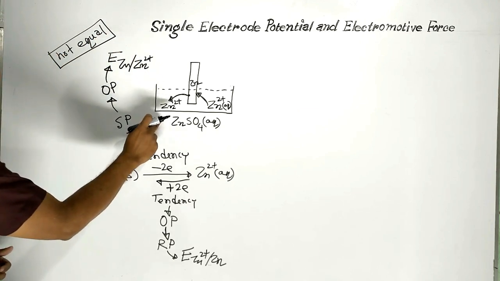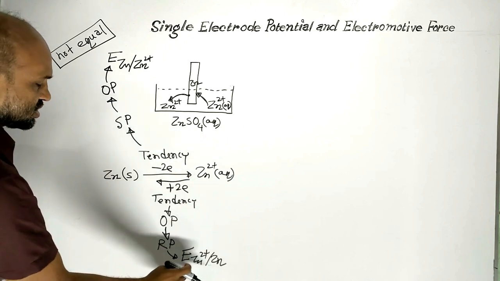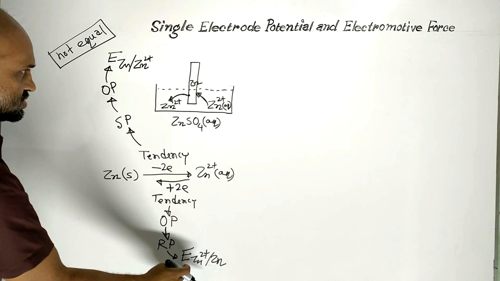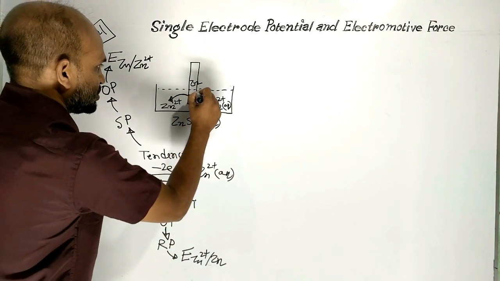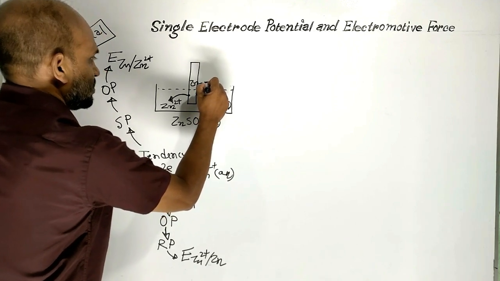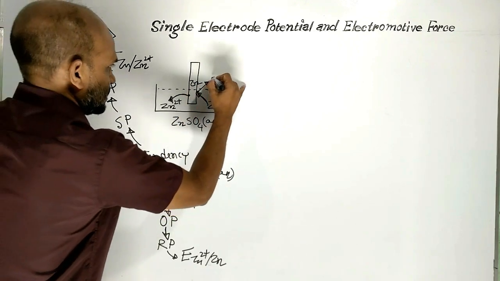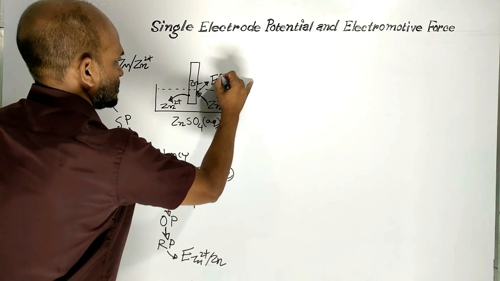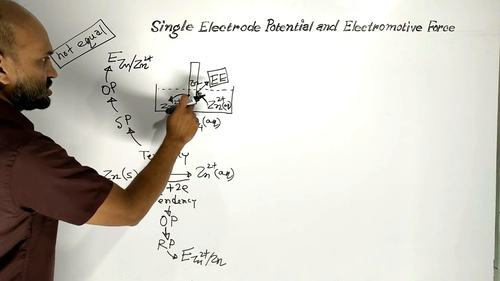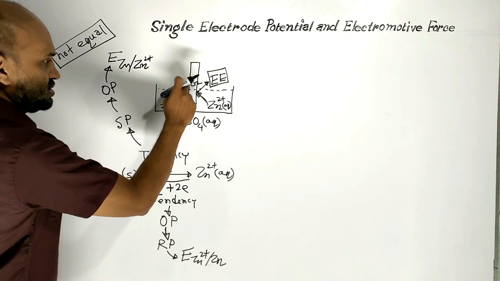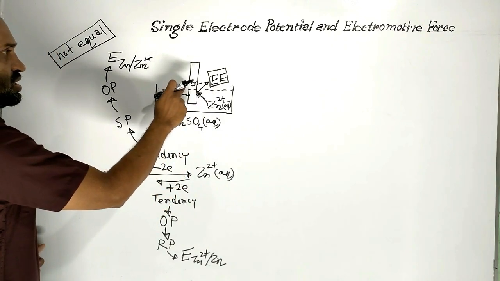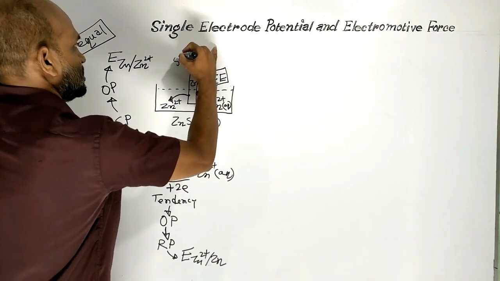Due to the inequality of these two potentials, a potential difference or electrical pressure or electrical energy gets created at the junction of zinc strip and zinc solution, which is called single electrode potential.